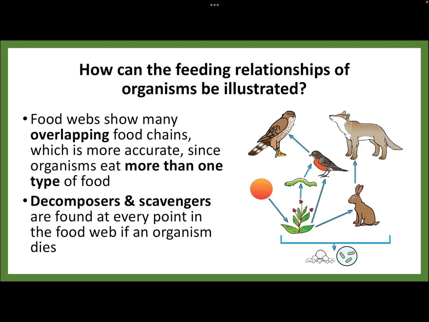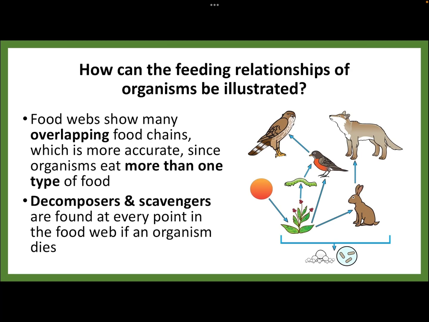In a food web, we can show organisms eating more than one type of food. With your food webs, often things are a little bit more complex. There are things where it is overlapping. In our food webs, we can also factor in things like scavengers and decomposers.